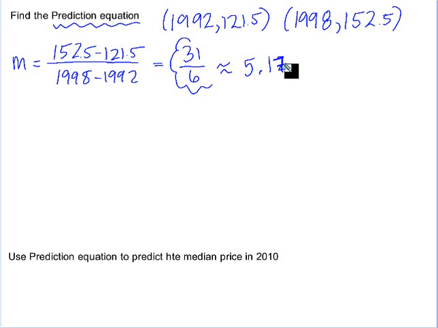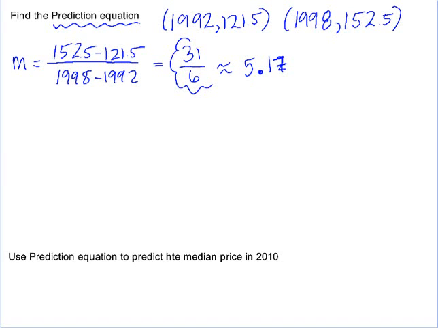This is because when we're comparing our equations to one another, 31/6 is going to look very different than, say, 25/4, but they are actually pretty darn close to being the same thing. So we want to make sure that we are doing an approximation to the nearest hundredth. So there we found the slope.